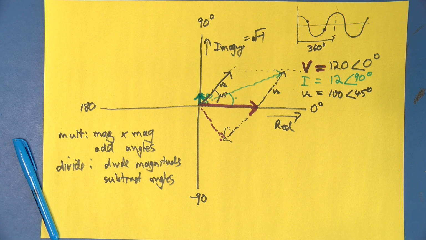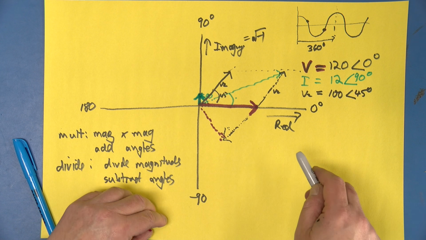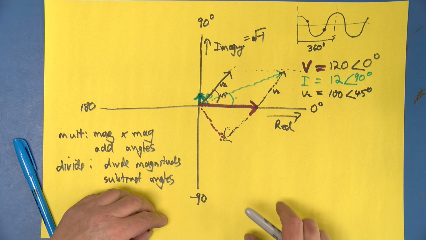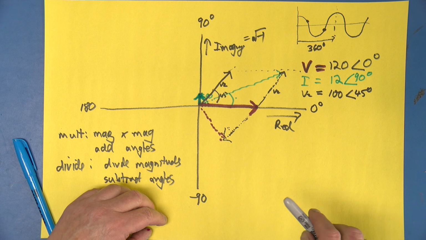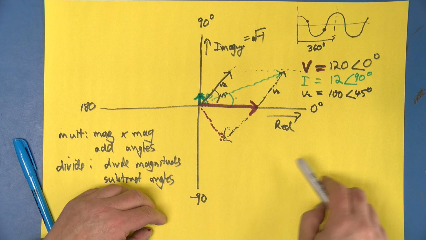We can just accept that. And as I mentioned in the previous video, there is a perfect mapping between all the stuff we need to do with AC current calculations and complex numbers.